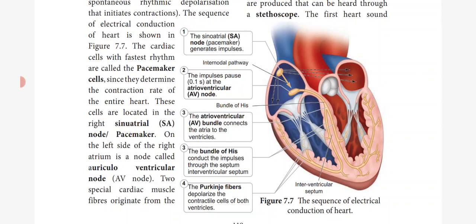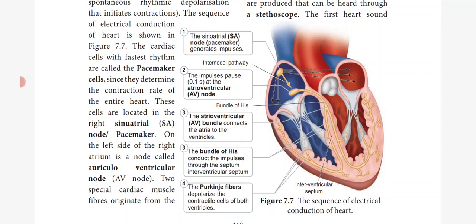The cardiac cells with the fastest rhythm are called the pacemaker cells, since they determine the contraction rate of the entire heart. So the contraction of the entire heart is determined by the pacemaker cells.